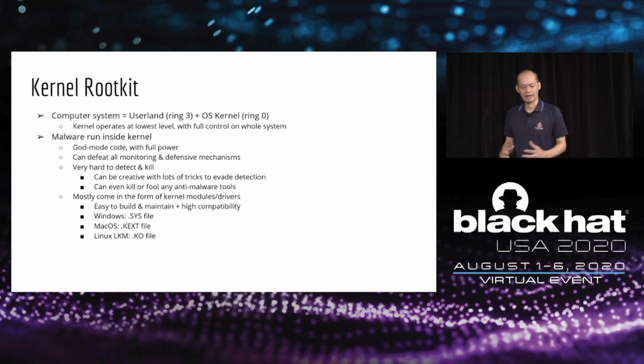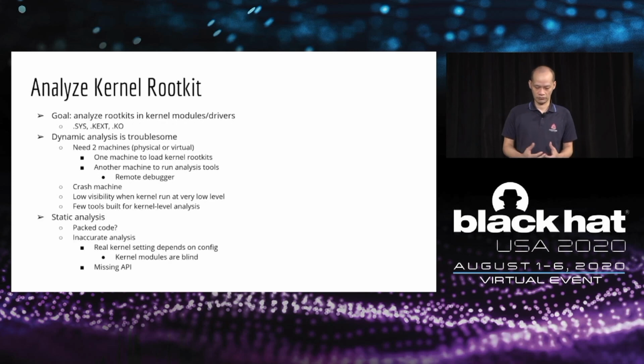Okay, so we want to analyze kernel rootkits, which is not easy at all. We set the target that the kernel rootkit comes in binary form, which means we need to analyze .sys, .kext, or .ko files depending on the platform.